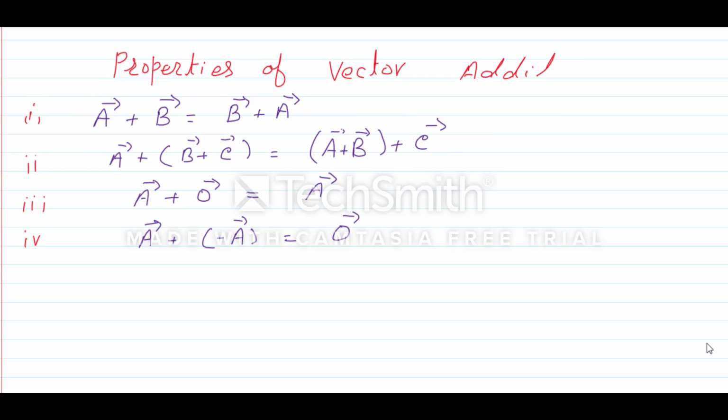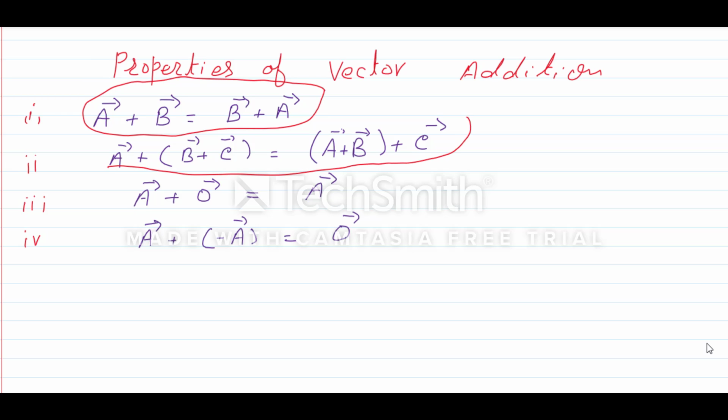The first property is known as commutative property, which is A plus B is equal to B plus A. The next is associative property, which is A plus (B plus C) is equal to (A plus B) plus C. It means if we add B and C and then add to A, it is equal to if we add A and B first then add into C.